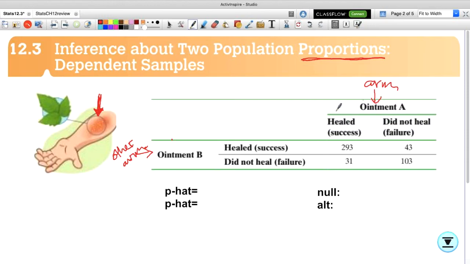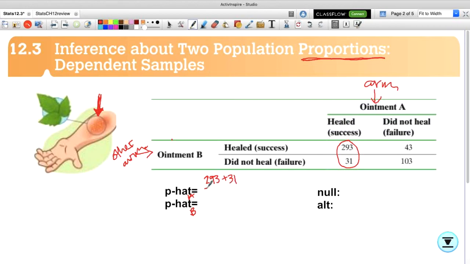So here, what we would want to do, because we're dealing with proportions, is we maybe could at first, if you were trying to figure out which of these worked better, you might do like the proportion of ointment A. Okay, so let's do P hat of A and P hat of B. So if we're trying to measure like the success of ointment A, we would look at all the people that were healed, right? It would be your 293 would be our piece plus our 31.